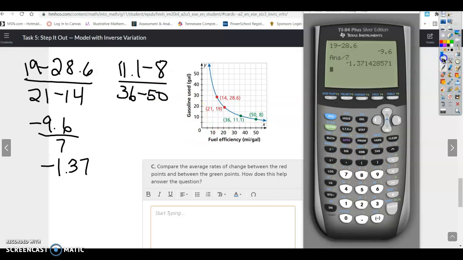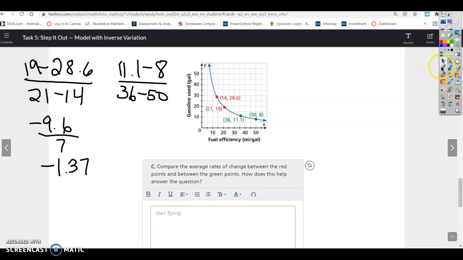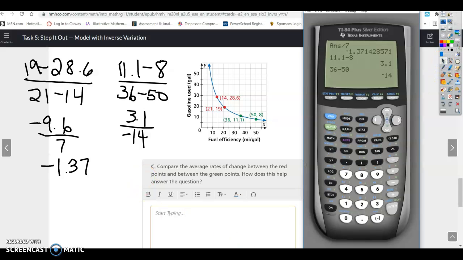So 11.1 minus 8 is 3.1, and 36 minus 50 should be negative 14. So we've got 3.1 over negative 14.